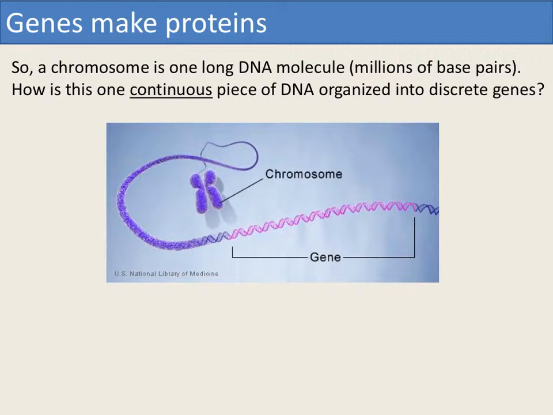There's a whole bunch of mechanisms that go into what's called gene regulation, and it regulates gene expression. And so our DNA not only codes for proteins, it does a lot of other stuff too.